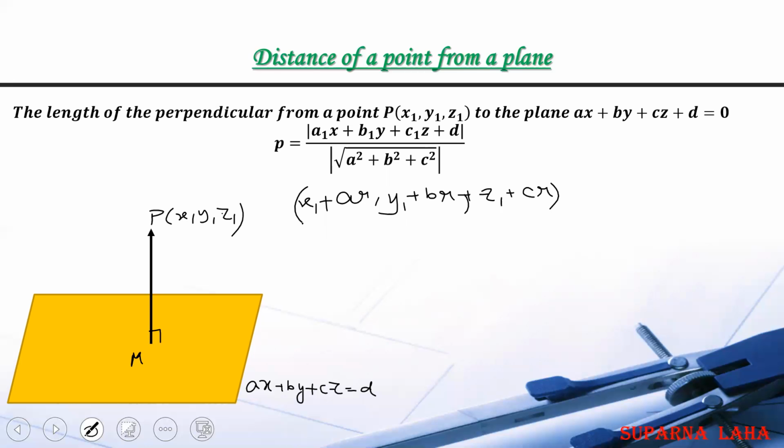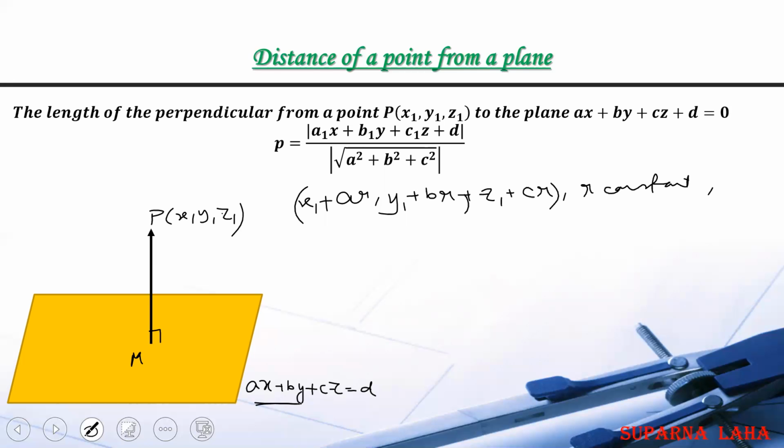Any point on the line PM can be represented in this form, where r is any arbitrary constant, or real number basically. Now why? Since this PM is perpendicular to this plane, the equation of the line PM can be written as (x minus x1) by a equals (y minus y1) by b equals (z minus z1) by c. So any arbitrary point on this line can be written as (x1 plus ar, y1 plus br, z1 plus cr).